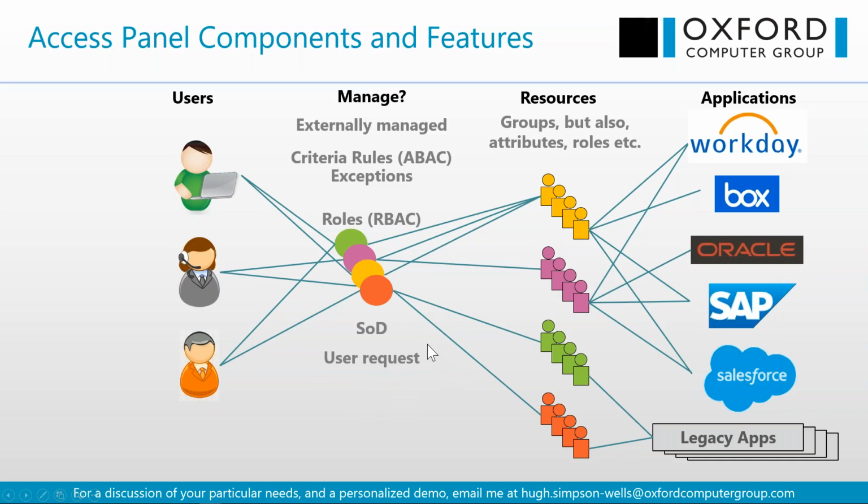Then we can have user request. And this is quite a big topic. And you had a certain amount of self-service, of course, in MIM, in the MIM portal, and you can have a certain amount of self-service going on in Azure as well. Here we can have the idea of request with an approval. We can have complicated approval chains, so that is escalations, alternatives, that kind of thing.